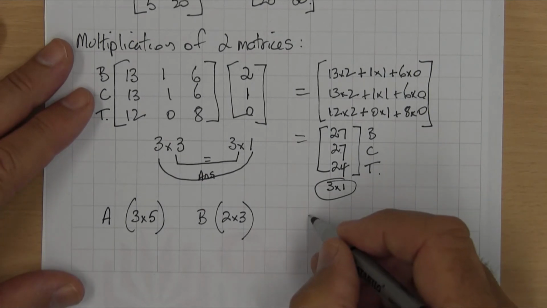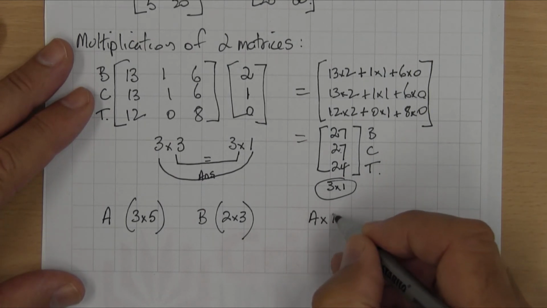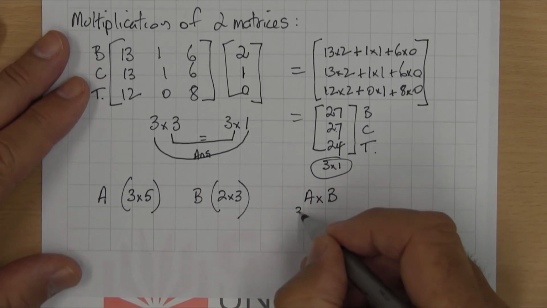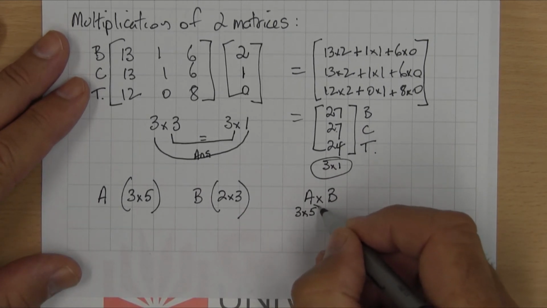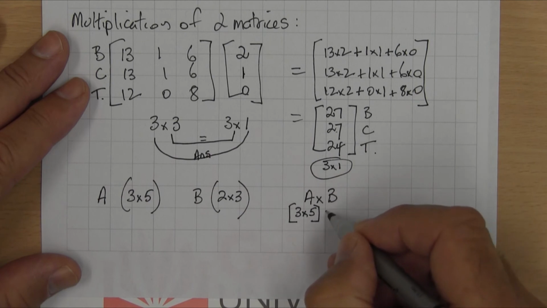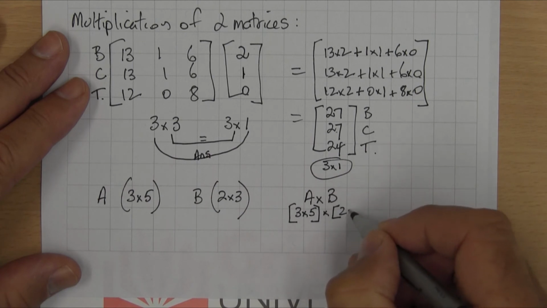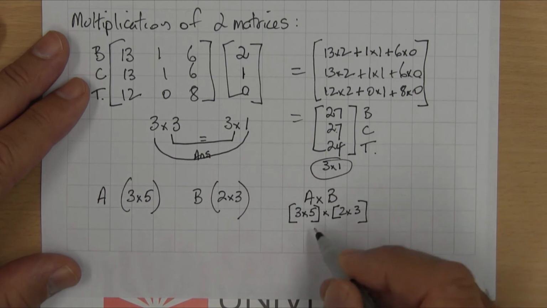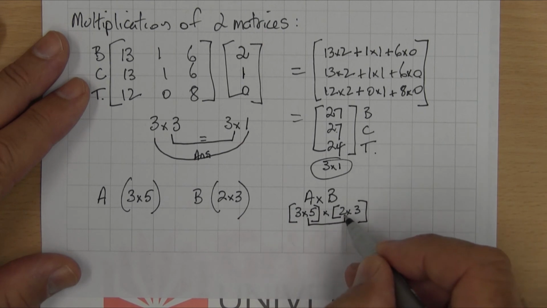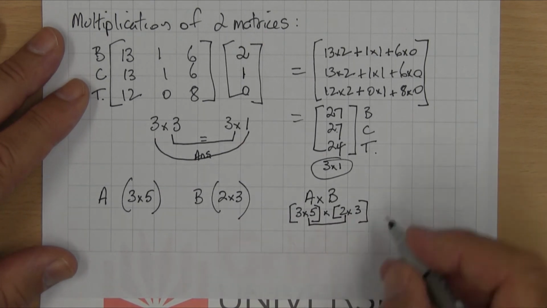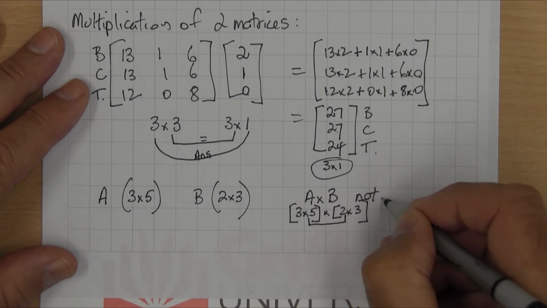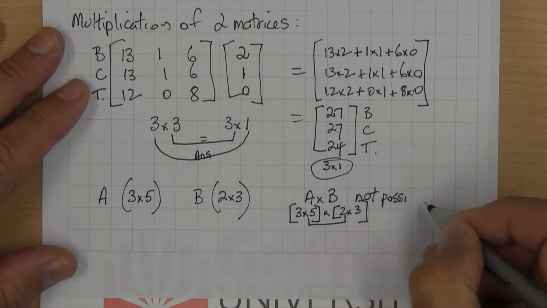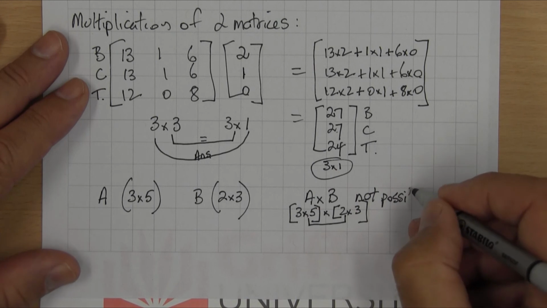Now when we multiply A times B, we've got a 3 times 5 matrix times B, a 2 times 3. Our innermost dimensions are not the same, so this is not possible. We cannot do the multiplication of those two matrices.